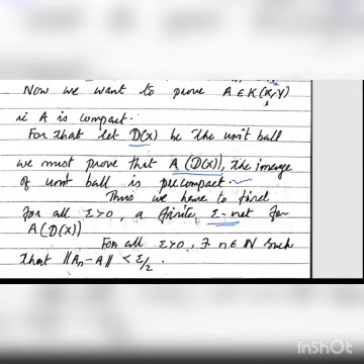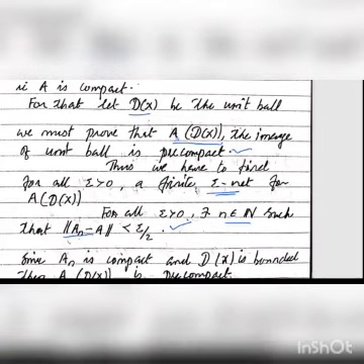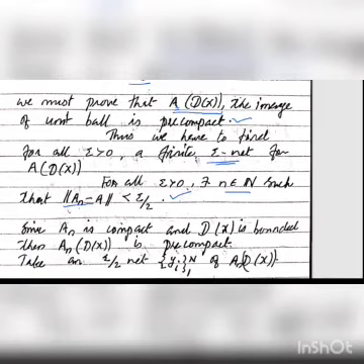Now for all epsilon greater than 0, there exists n belonging to N such that norm of An minus A is less than epsilon by 2. This follows from the fact that An converges to A. Now since An is compact and Dx is bounded, An of Dx is pre-compact.